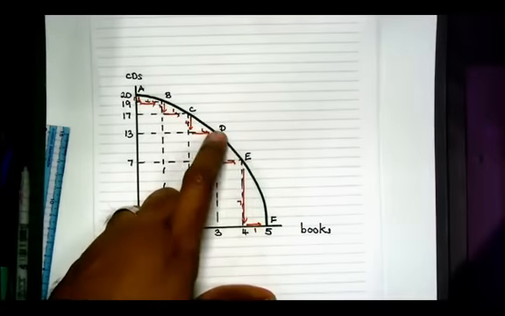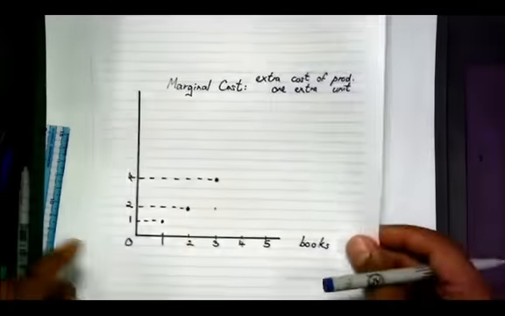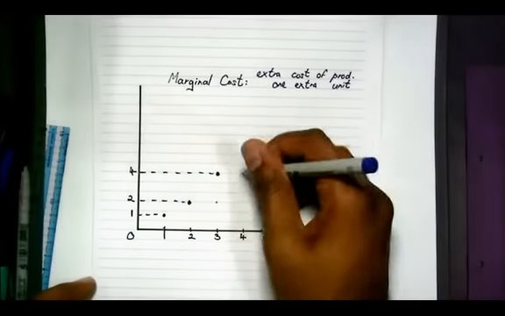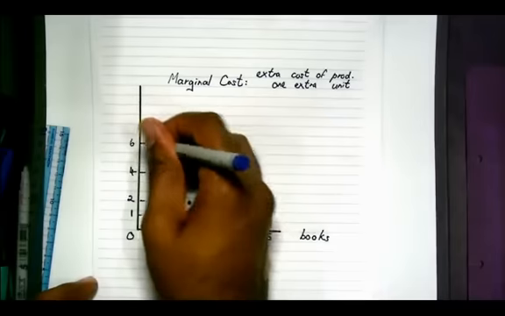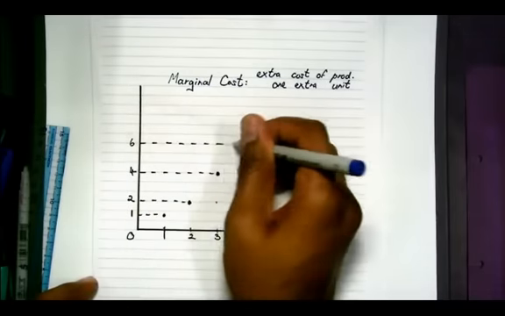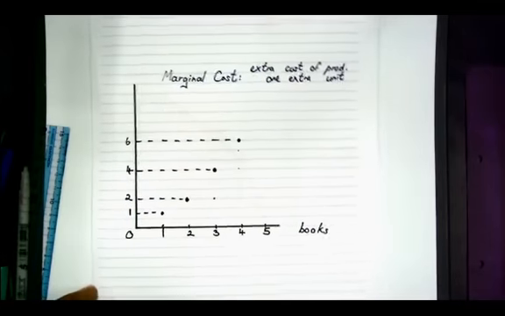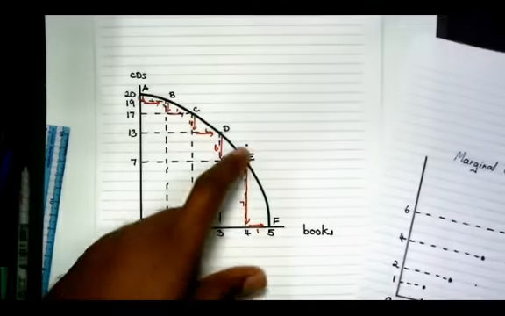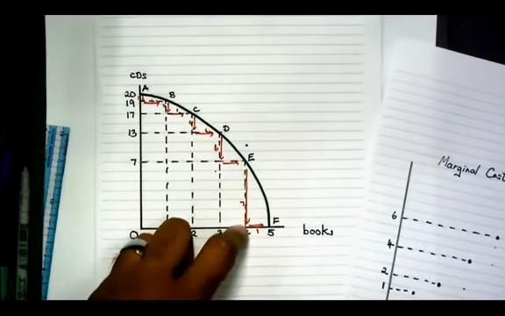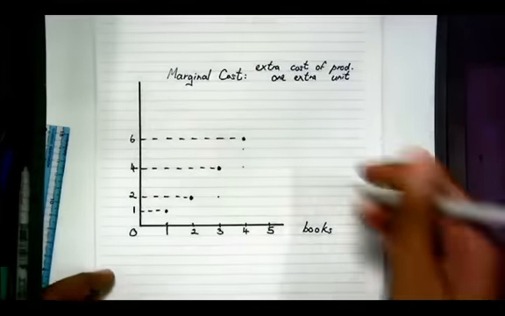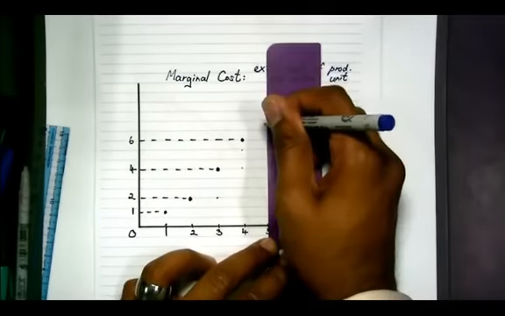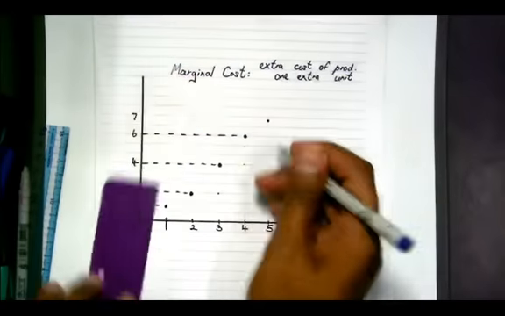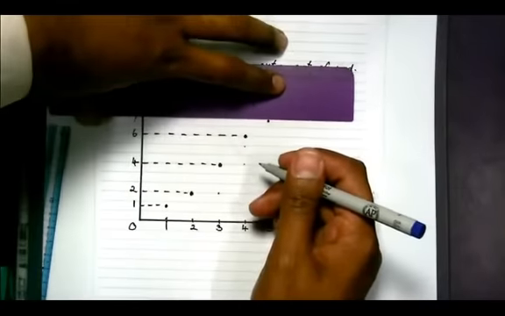We have to sacrifice 6 CDs. And E to F, we have to sacrifice 7 CDs.